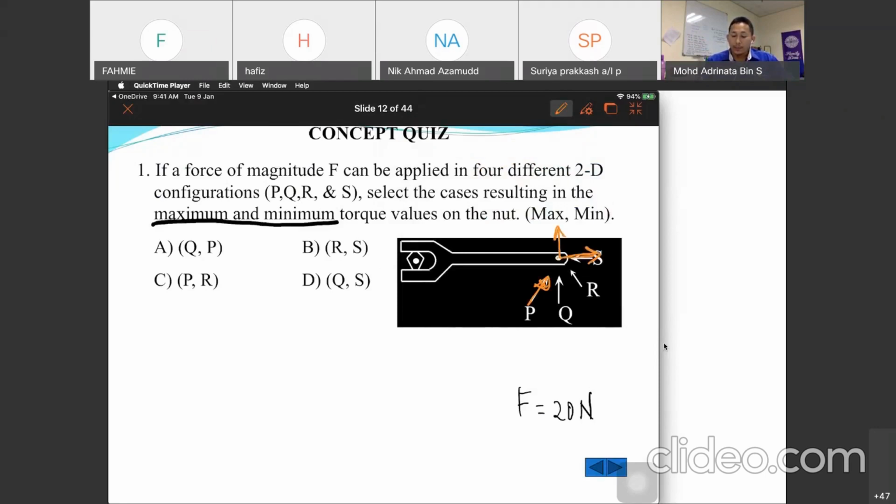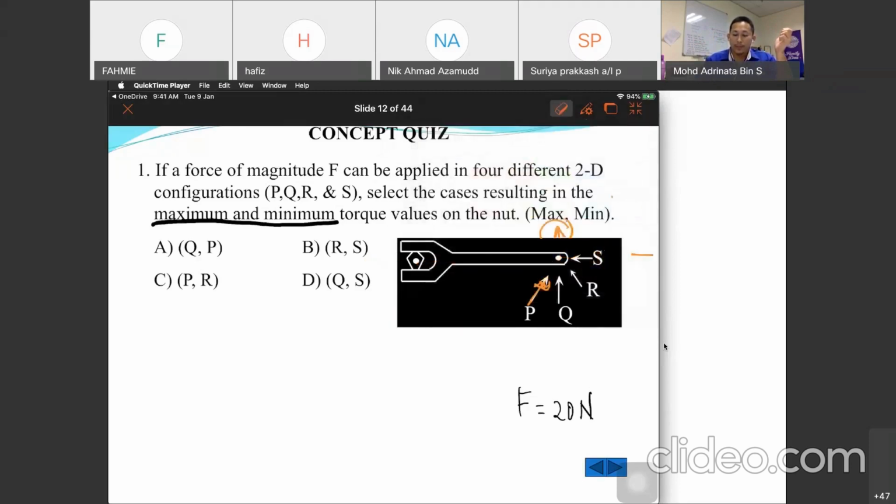So this force will give the torque, but not the X direction one, because it is acting on the point of action. So PY, yes, torque. PX, no torque, no movement.